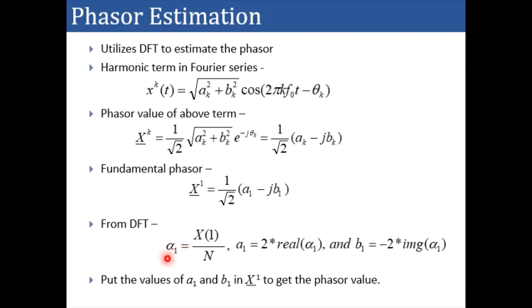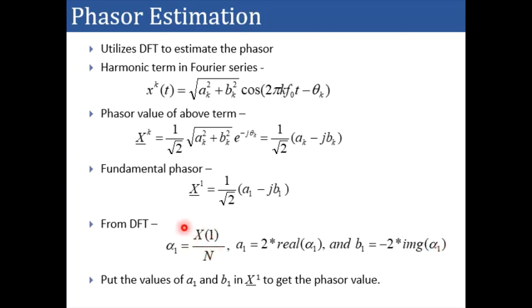We know that alpha k is nothing but X(k) by N. So for the fundamental, alpha 1 can be written as X(1) by N, where a_1 is nothing but 2 times the real part of alpha 1, and b_1 is minus 2 times the imaginary part of alpha 1.